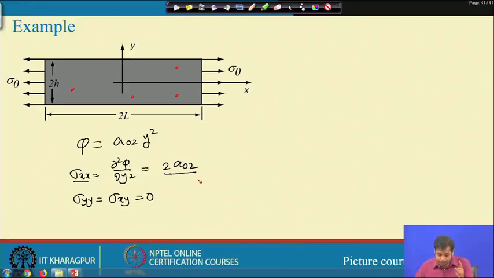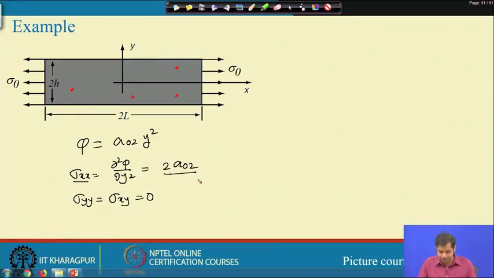If you recall, when we introduced stress, we said that stress is a point-wise description, and therefore at every point the stresses are different, but there could be some situations where the stresses are uniform, the stress at different points is the same. This is one example, but still the stress is a point-wise description, that is still valid here, but at every point the stress is constant.